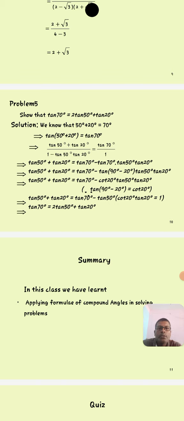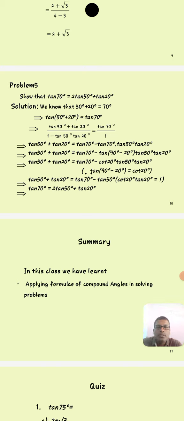In the place of 70 we can write 90 minus 20, since 90 minus 20 is equal to 70. The same way tan 50 into tan 20. The next step we write tan 50 degrees plus tan 20 degrees is equal to tan 70 minus tan 90 minus 20, and tan 90 minus theta becomes cot theta. Therefore tan 90 minus 20 is equal to cot 20 degrees.